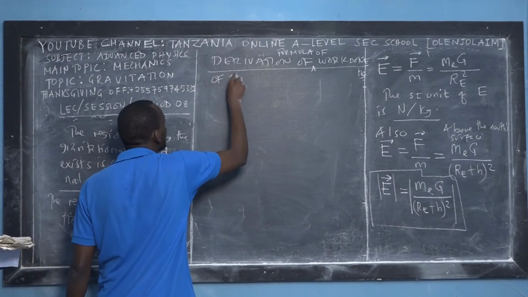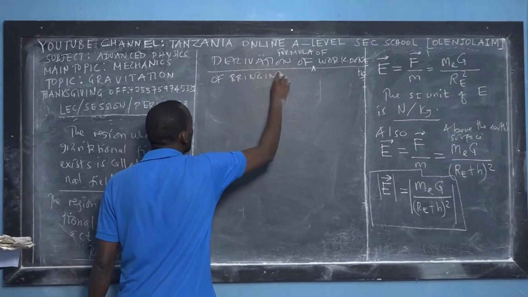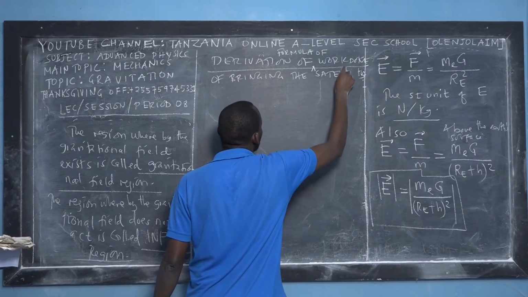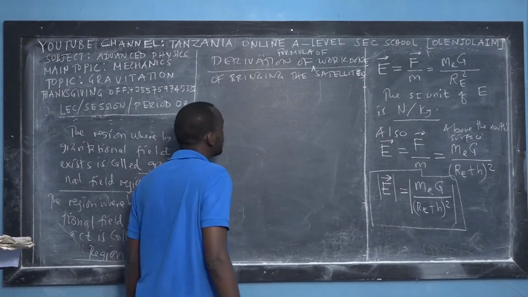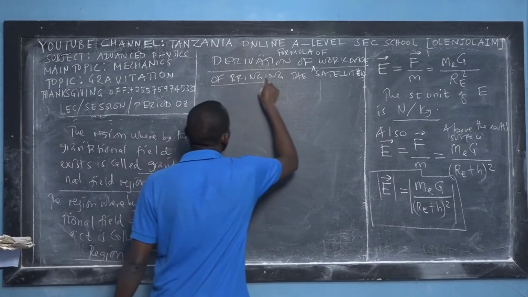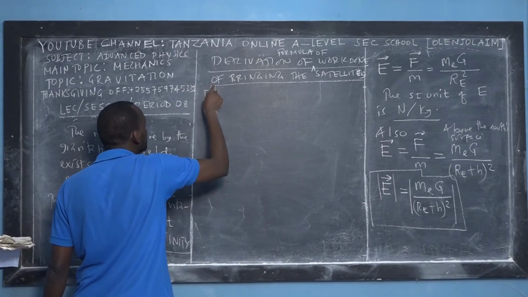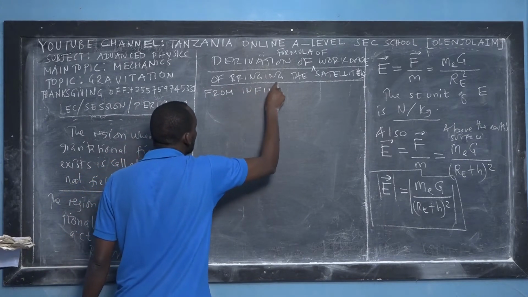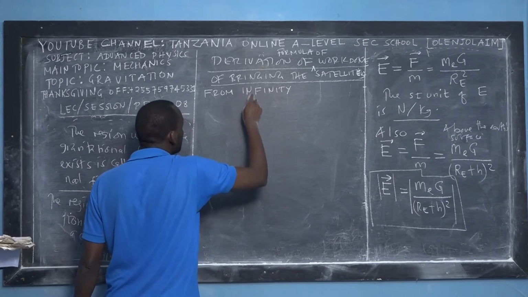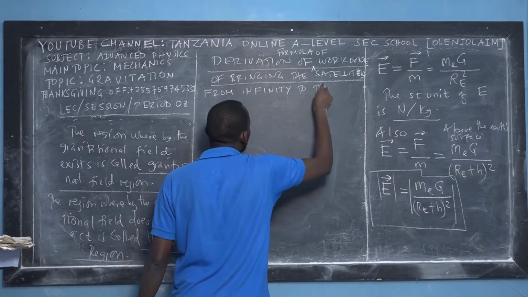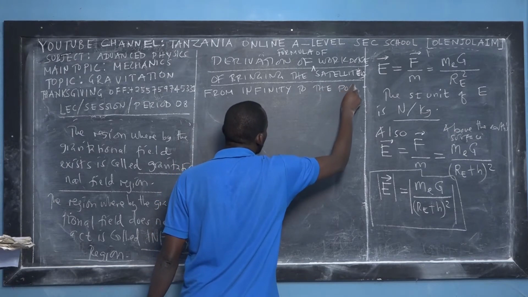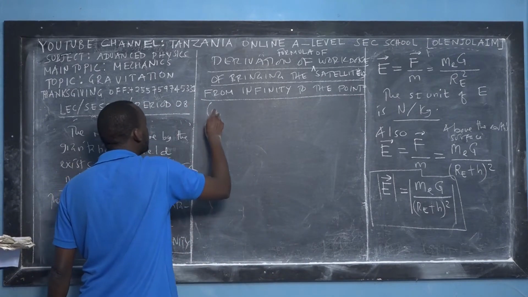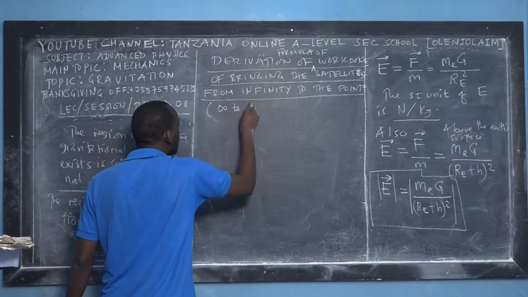of bringing the satellite from infinity to the point, or in brackets, from infinity to the distance r.